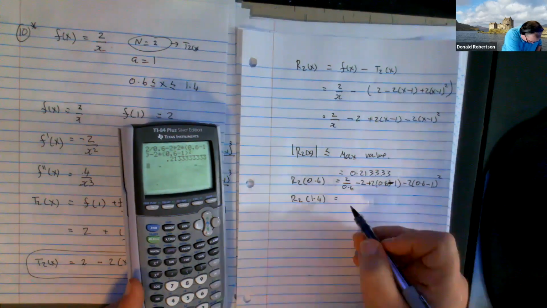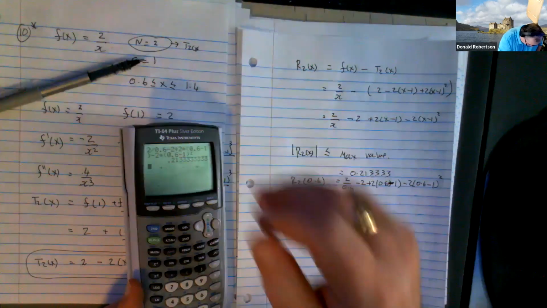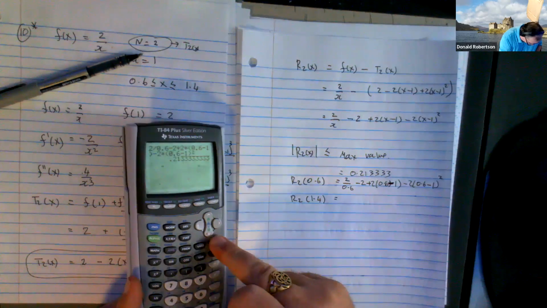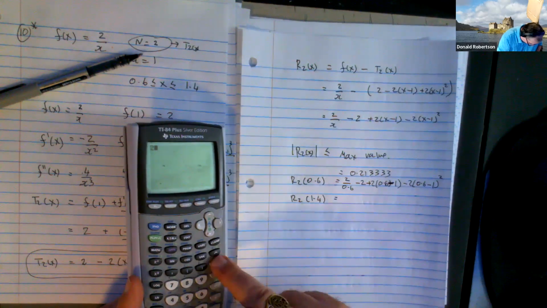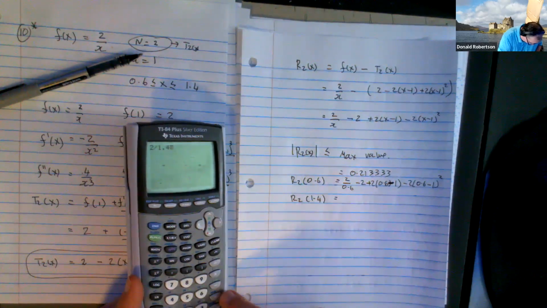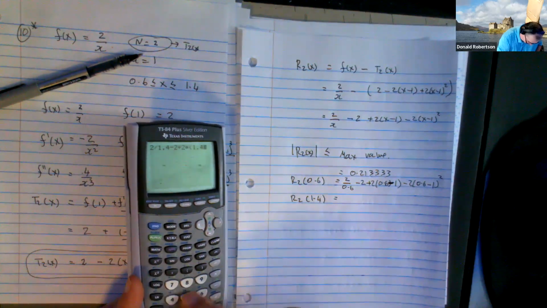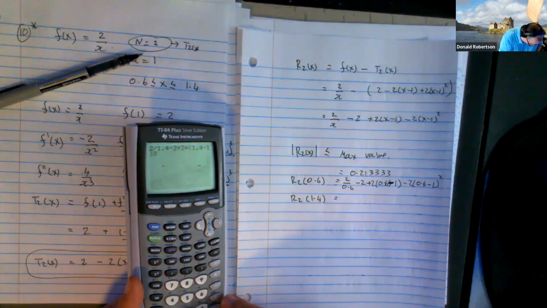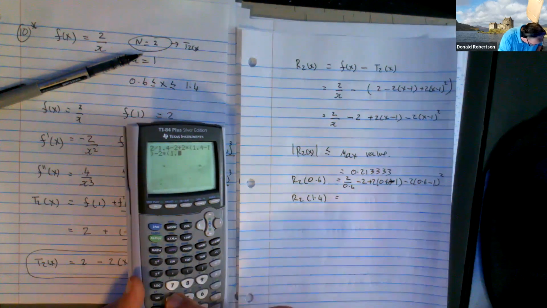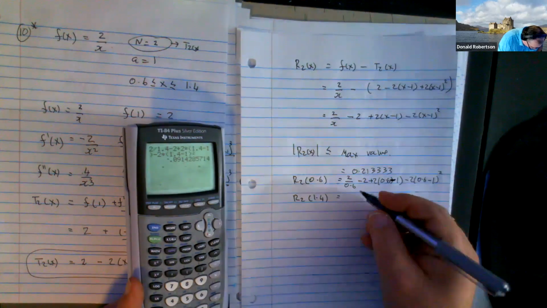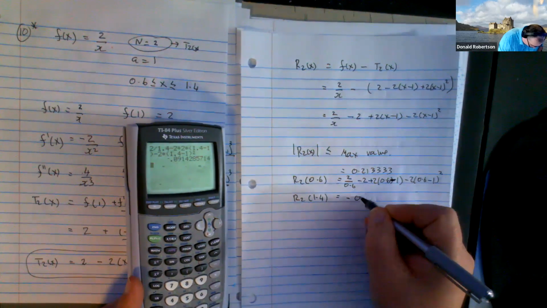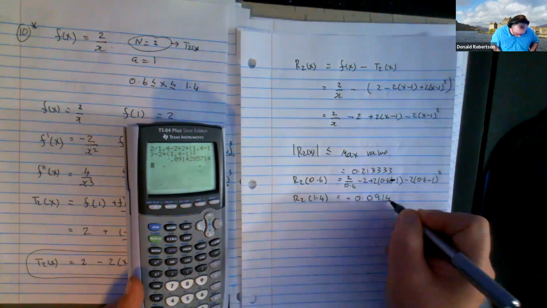You do this version, the 1.4 version, it's going to be 2 over 1.4, subtract 2, add 2 lots of (1.4 take away 1), subtract 2 times (1.4 take away 1) squared, and the answer I get is negative 0.091428 and some stuff.